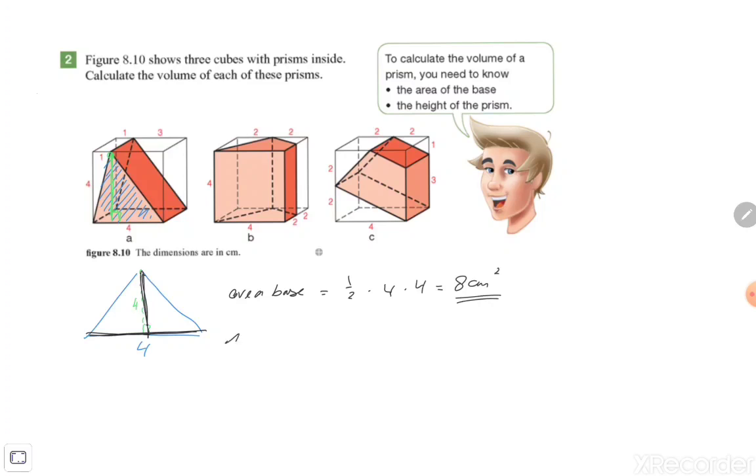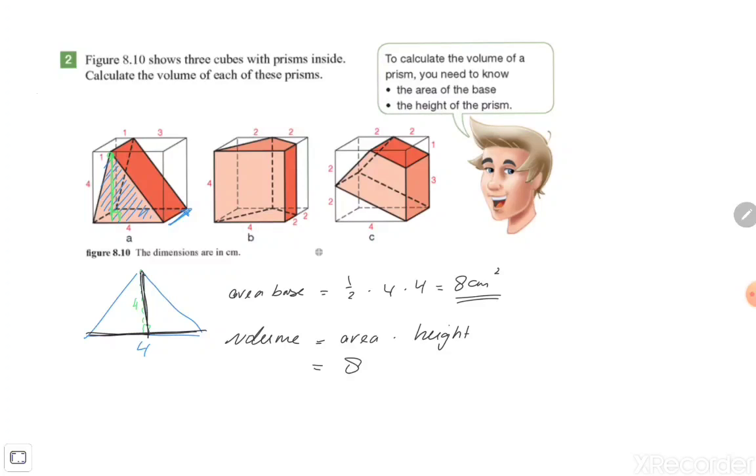Now to calculate the volume of my prism, it was area of the base times the height of my prism. We already know the area of my base, 8 square centimeters, but what is the height of my prism? Yes, this line, from here to there.